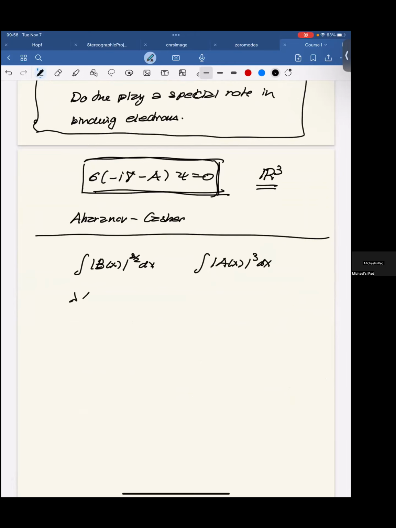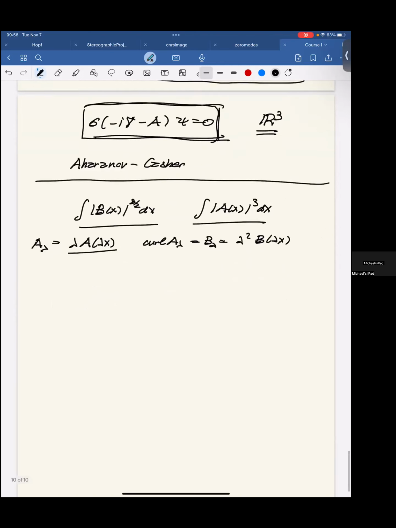Because when you scale A, plug it in, you see right away that this is scale invariant. What is the curl of A_lambda? Curl of A_lambda, which is B_lambda, is lambda squared B(lambda x). When you plug it in, you see this is also scale invariant. So it is natural for us to assume that the L3 norm of A is finite.